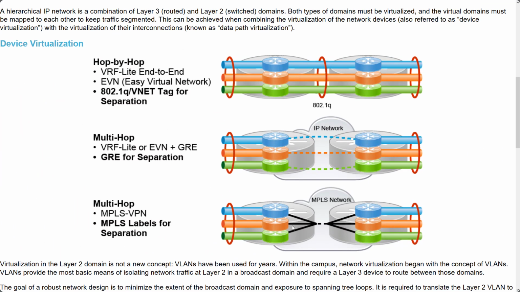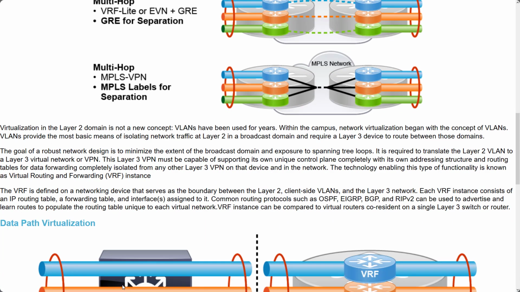So for example, if we look at this diagram again, the Ethernet link between two switches provides a single hop interconnection, and we can virtualize that with an 802.1q VLAN tag, but frame relay and ATM are going to be used to separate virtual circuits and provide data path virtualization. Now, in the context of the courseware, it says the goal of a robust network design is to minimize the extent of the broadcast domain and exposure to spanning tree loops.